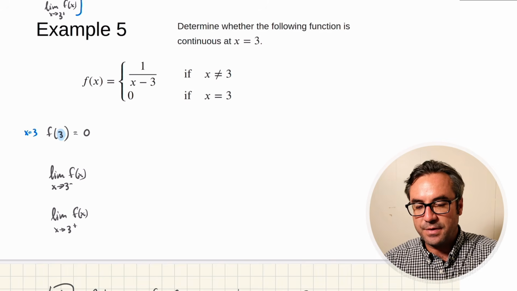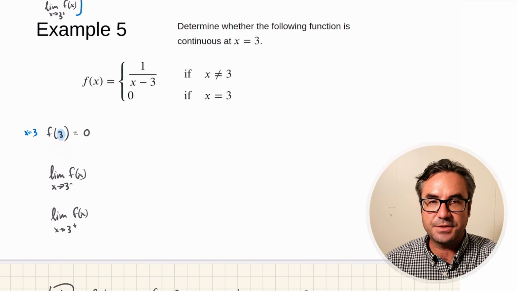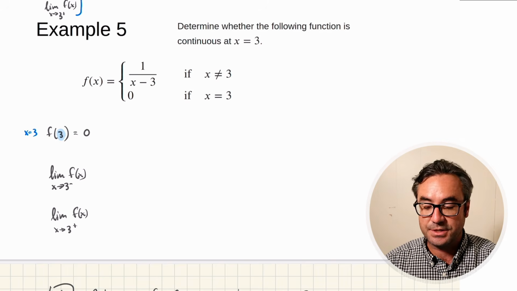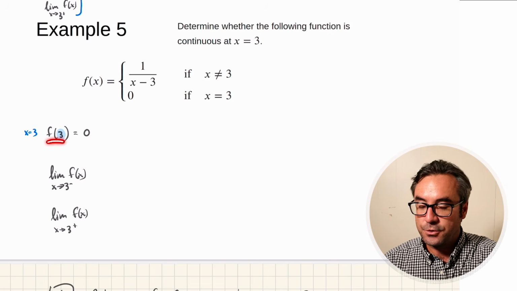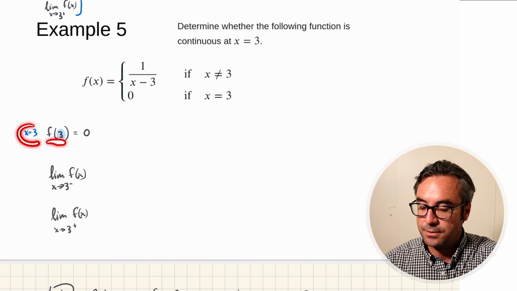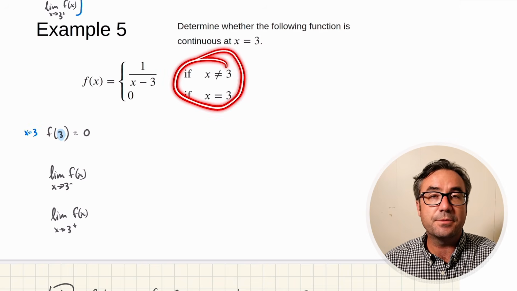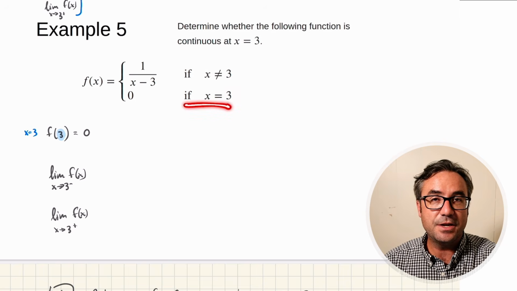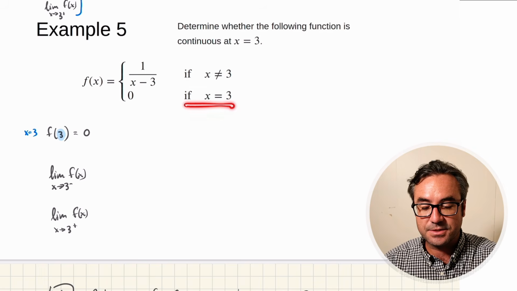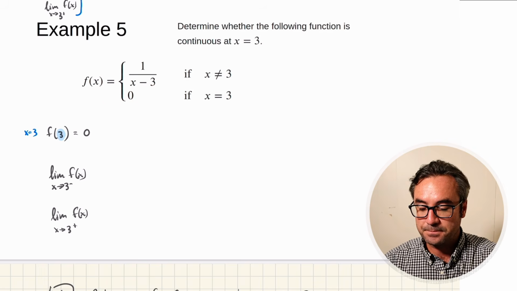We already found our function value at 3 in this case was equal to 0. For directly evaluating this function, we're looking at x equal to 3. We go up to the different pieces of our function, find the condition that's satisfied. So when x is 3, we use this formula.